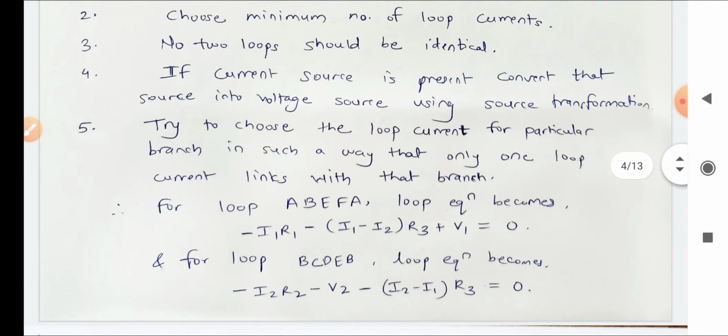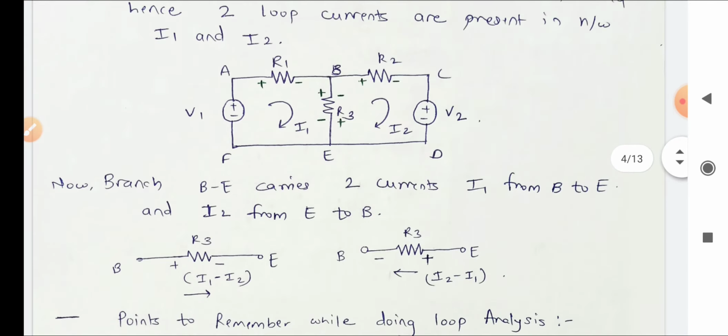Now we are going to write the equation for each loop. First of all we'll consider the first loop ABEFA, as we have already given the sign conventions, so that we can get the potential drop and potential rise in that particular loop.